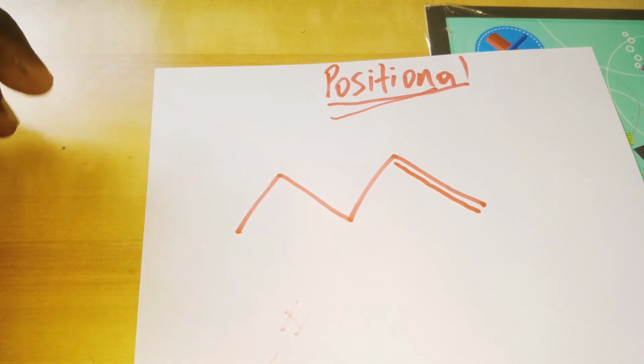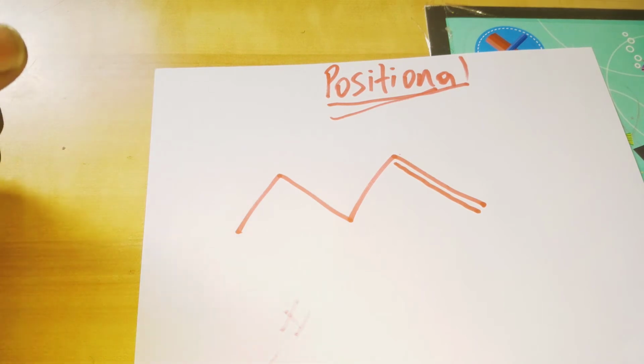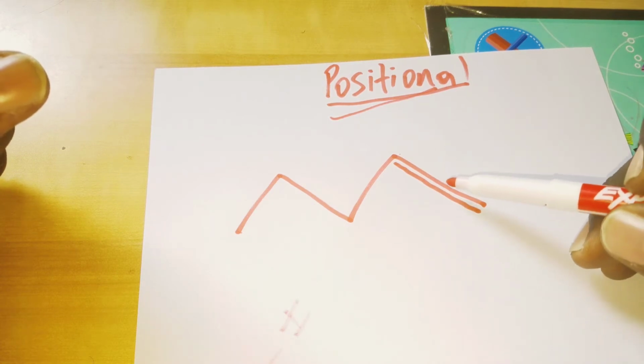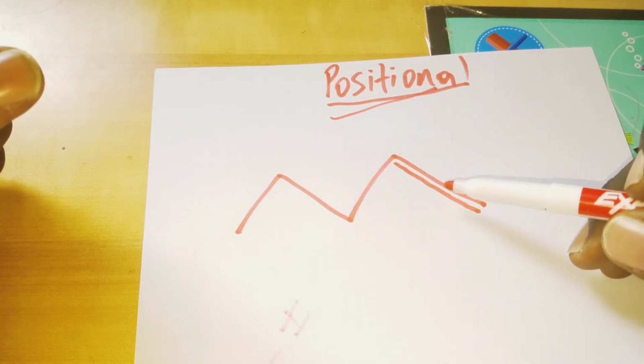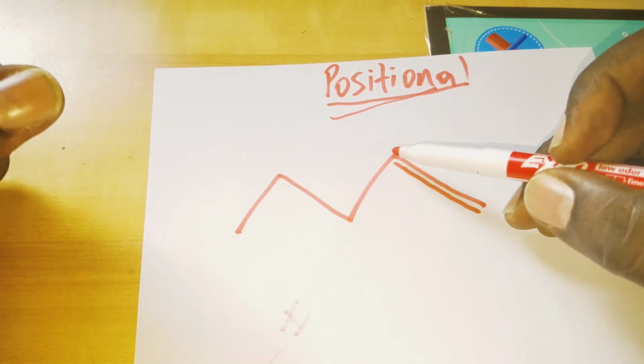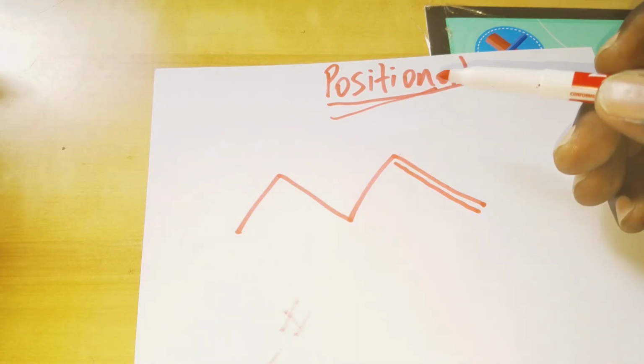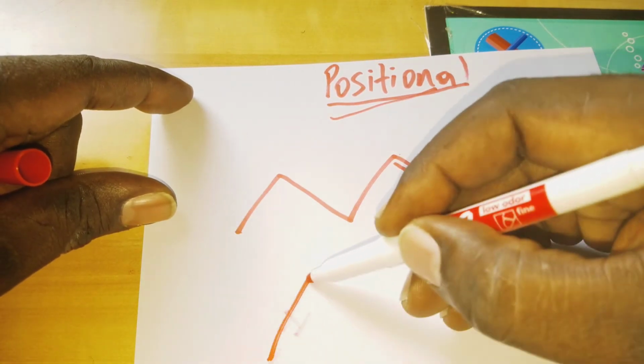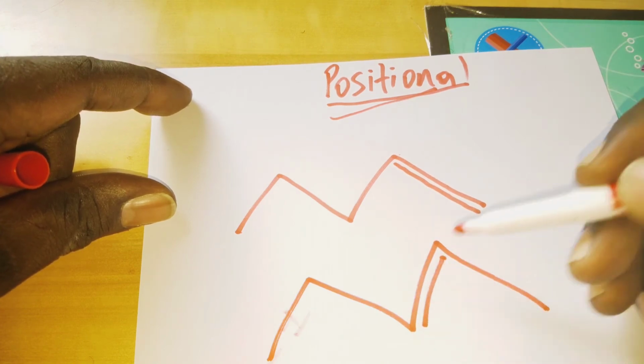Now with positional isomers, all you're going to be doing is changing the position of the functional group. The functional group of an alkene is the double bond. So all I'm going to do is change the position. Currently it's between 1 and 2. So now I'm just going to move it. And you will see there, I put it over here.